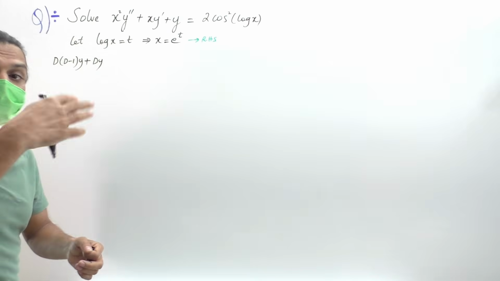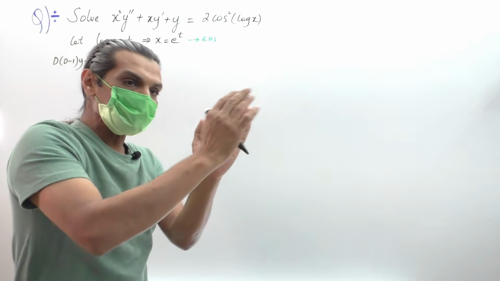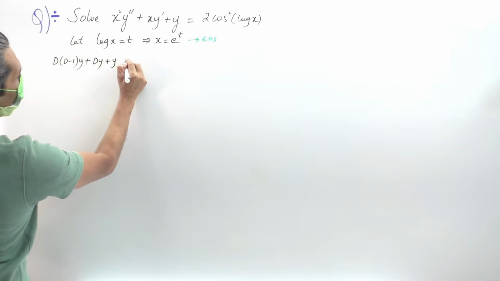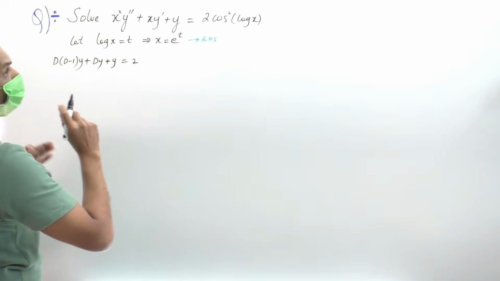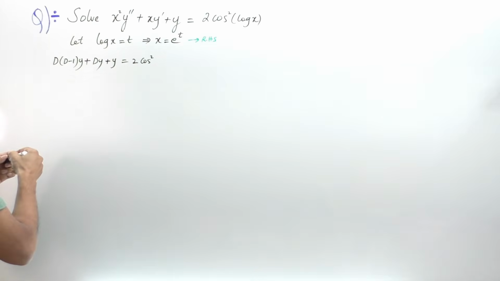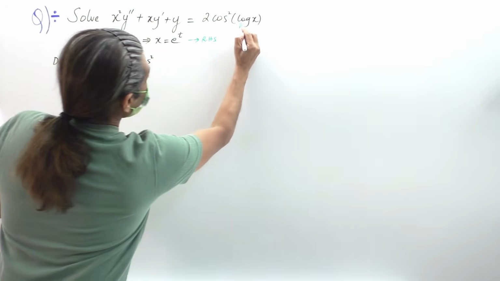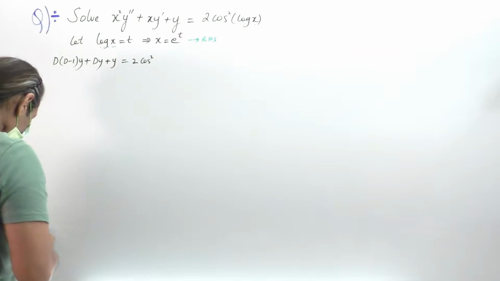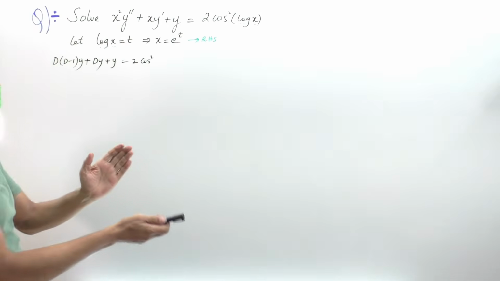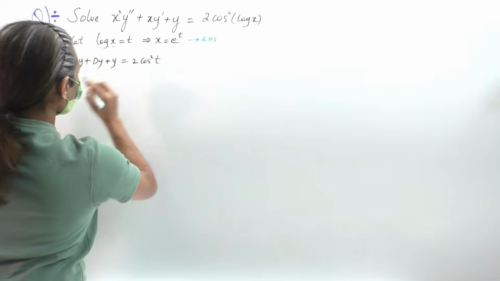Remember always, x³ y''' means D(D−1)(D−2)y, x² y'' means D(D−1)y, xy' means Dy, plus y equals 2 cos². I have put log x = t here. Log x is t, that's what I am telling. Right side everything will become in form of t and left side in terms of D. So, 2 cos² t. This is what I get.